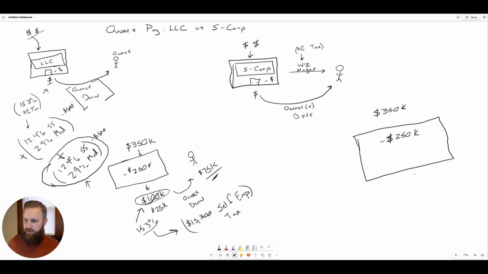So you'd be left with $100,000. Now, just to reduce complexity, let's say you're following this generic CPA rule of 50-50. 50% of your profit is going to be distributed through distributions, and the other 50% is going to be W-2 wages. So we know that 350 minus 250 is 100,000. So let's just take half of that.